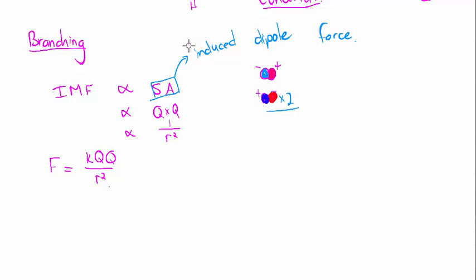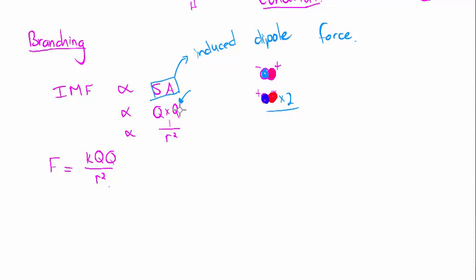So surface area has got to do with that. When my chain length increases in size, I am increasing the charge that comes from induced dipoles. All of the forces come from charges. The bigger my molecule is, the more likely I am to have induced dipole.